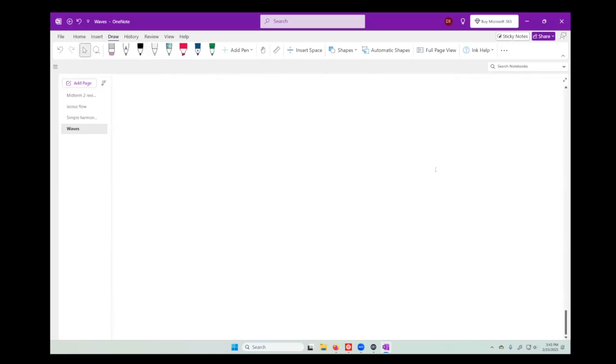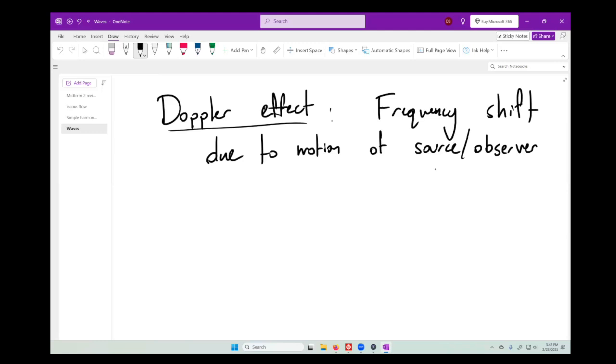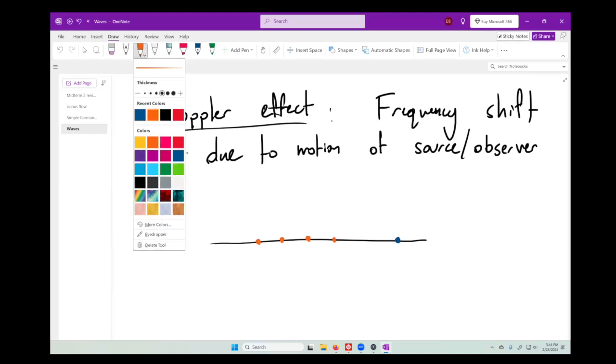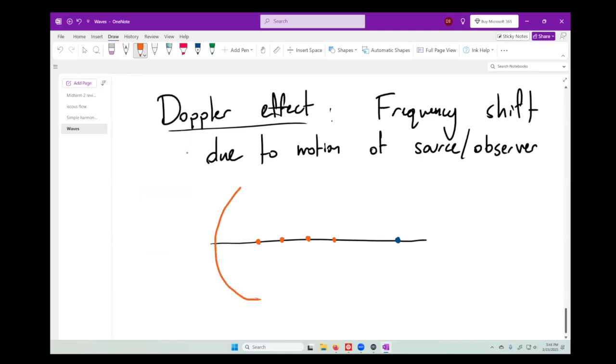And the idea is, let's say we had a moving source and a stationary observer. Well, the source is emitting waves.